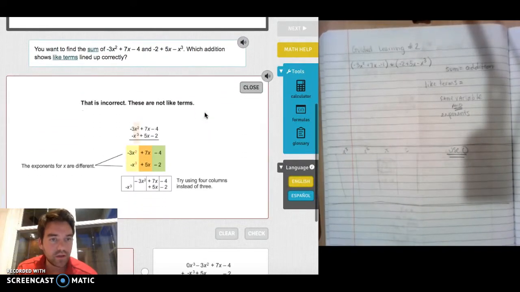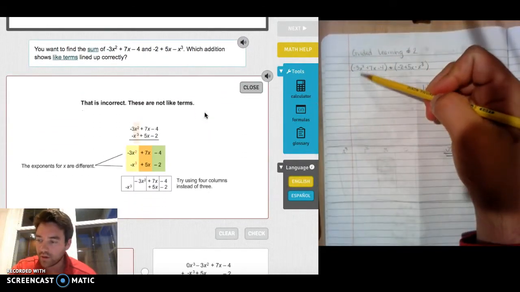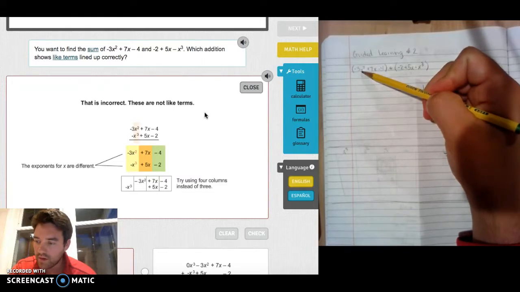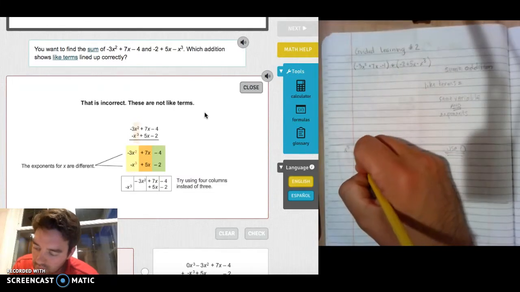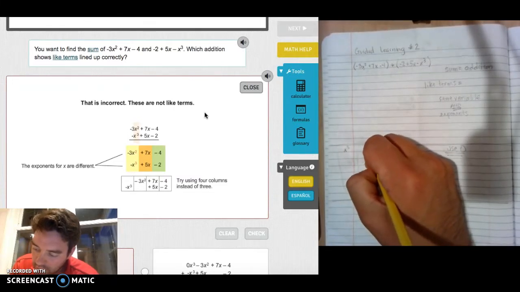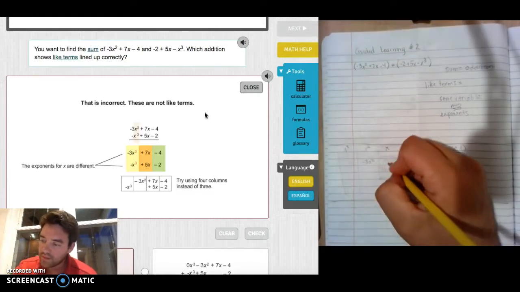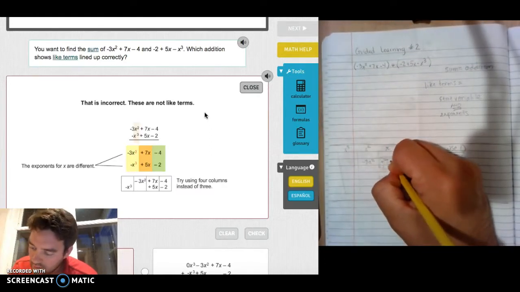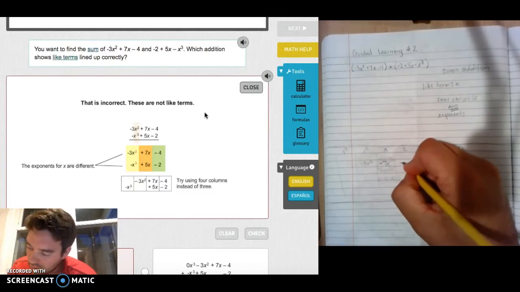So let's see. My first one up here was negative 3x squared plus 7x minus 4.